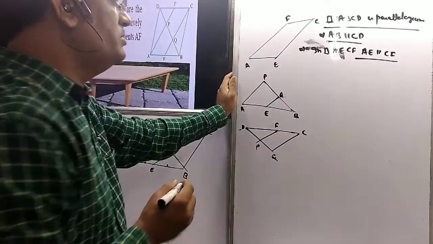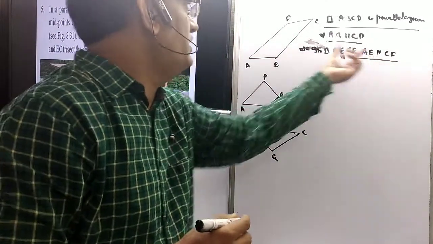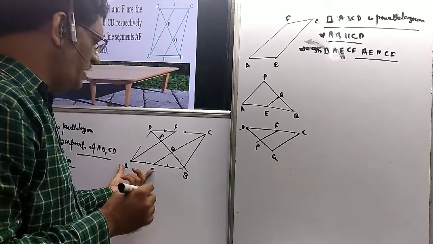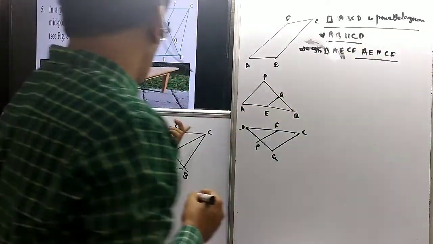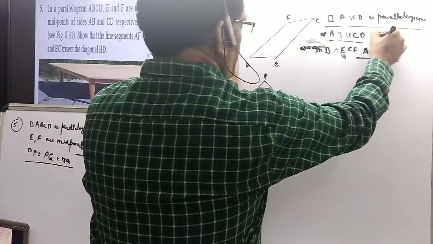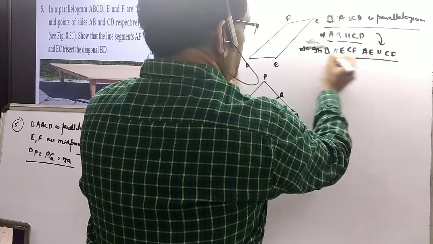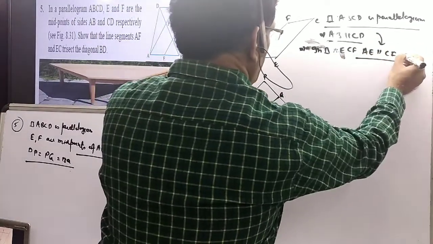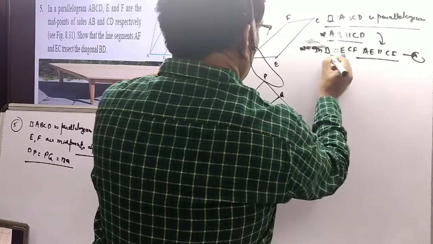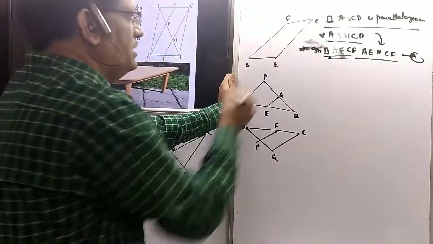Why is AE parallel to CF? Because AE is part of AB and CF is part of CD. AB parallel to CD implies AE parallel to CF. This is number one, in this quadrilateral AECF.